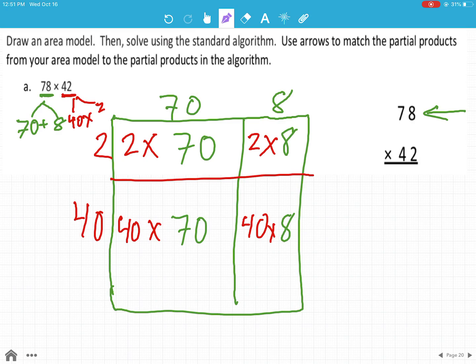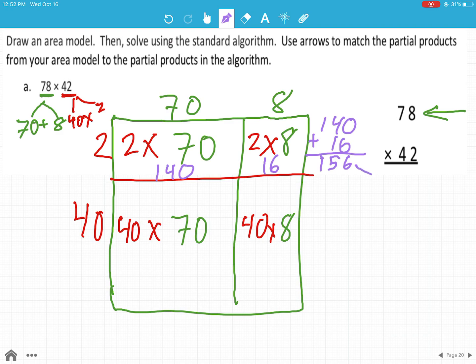We have 7 times 2 is 14, and we have a 0. Then we have 2 times 8, that's 16. If you put both of those together, that becomes 156.